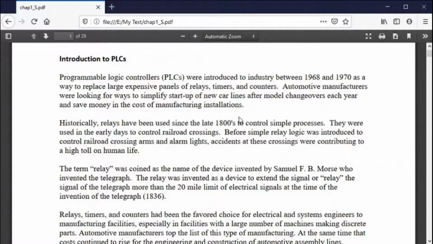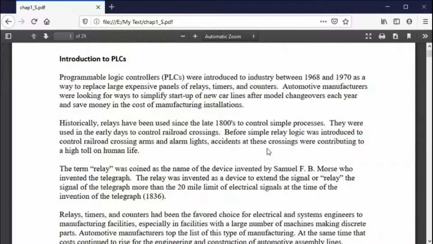So we look at what a relay actually is. A relay is a device that takes an electric signal in, closes a contact, and then you can use that contact for another purpose. That was invented back in the early 1800s by Samuel F.B. Morse.